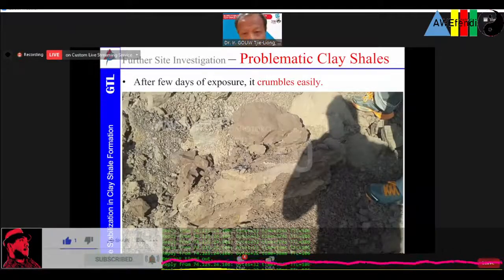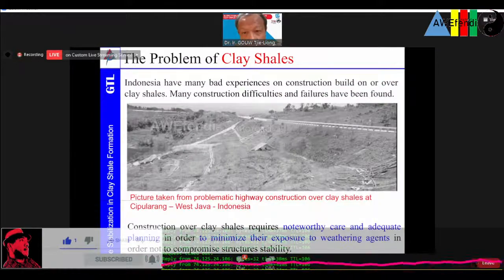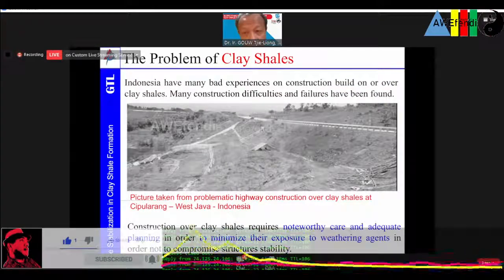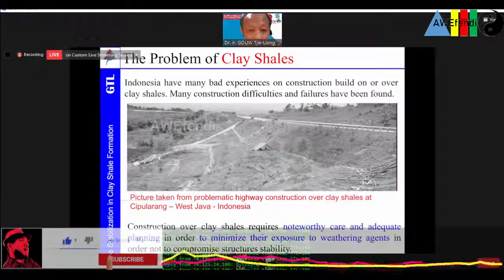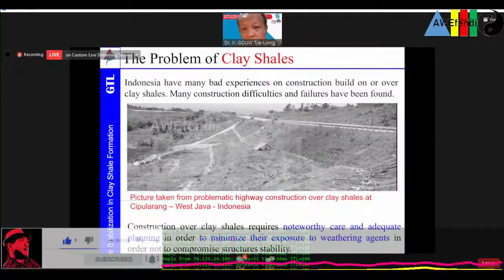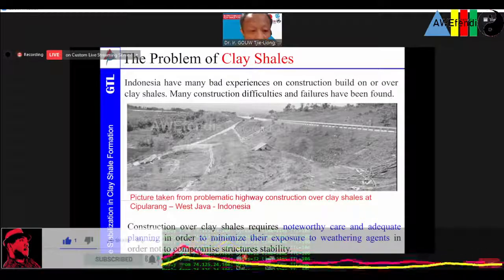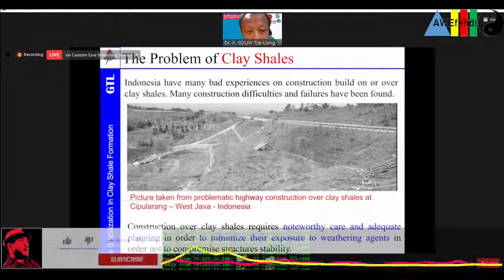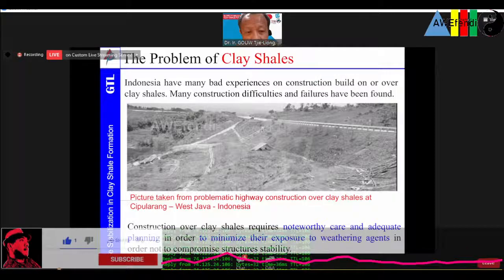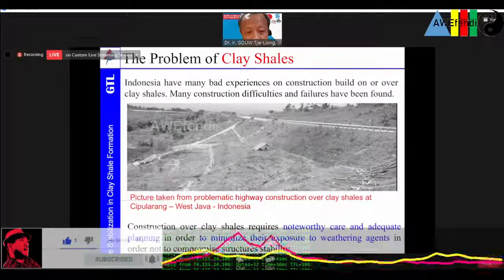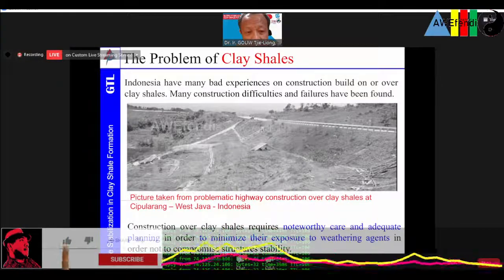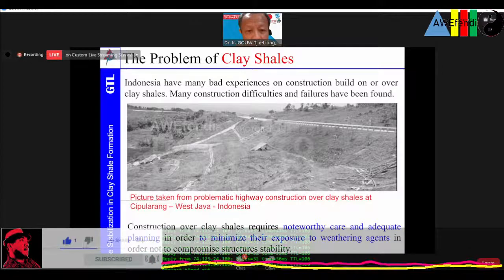So we have many bad experiences on construction built on top of clay shale. Many construction difficulties and failures have been found. This is one of the pictures from problematic highway construction over clay shale along the Cipularang, West Java, Indonesia.